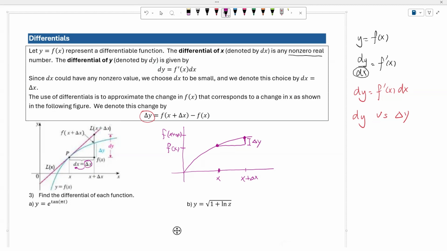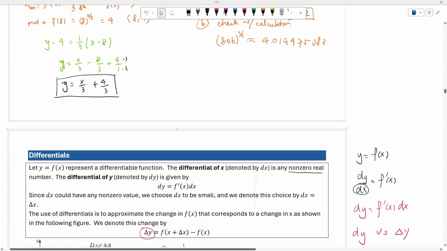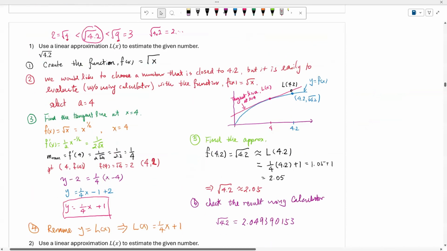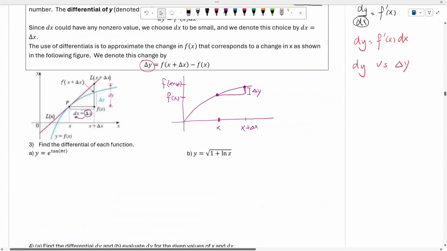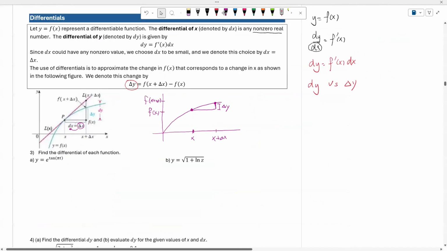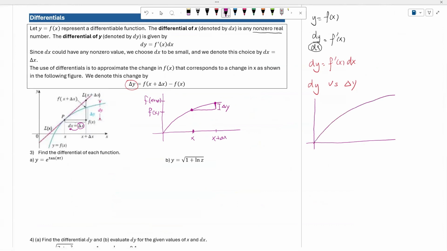Looking back to the example we have, this is the one with the square root of 4.2. Here we have x equal to 4, and the output is the square root, which is 2.